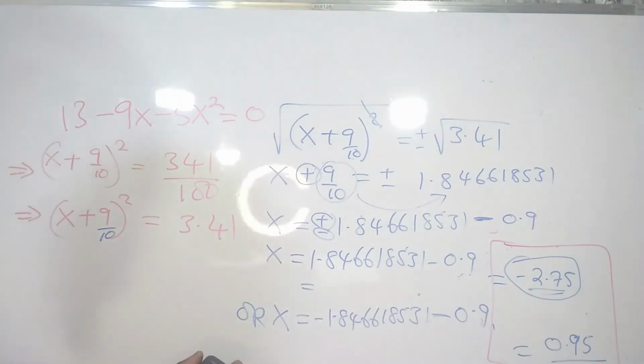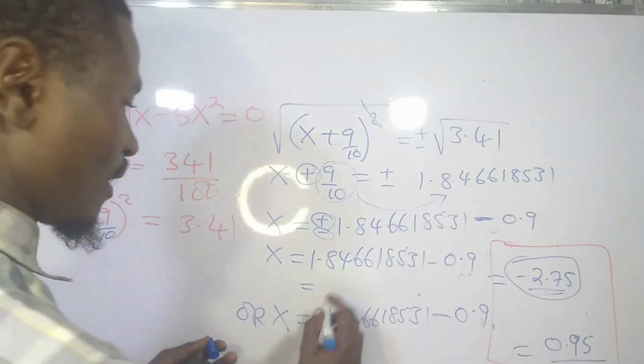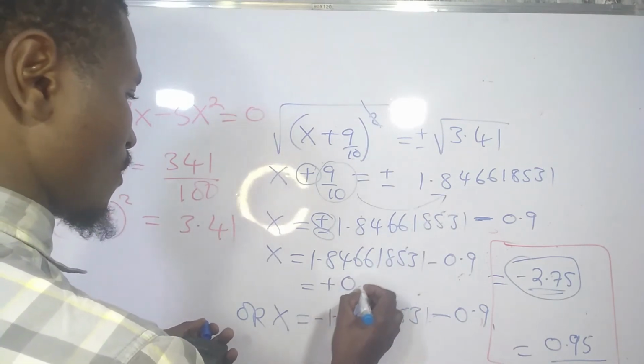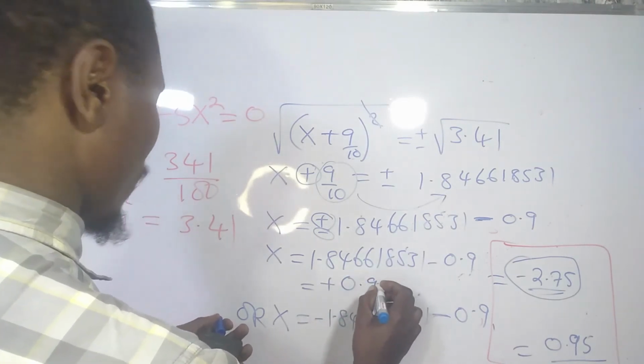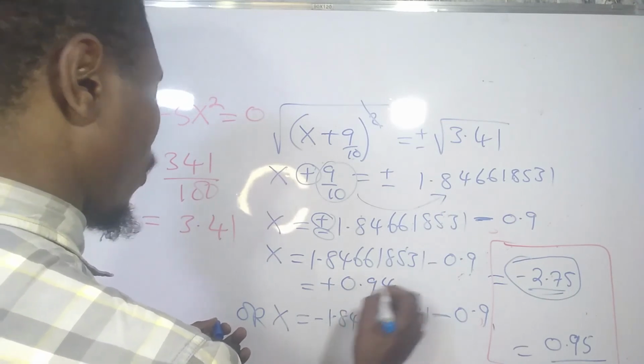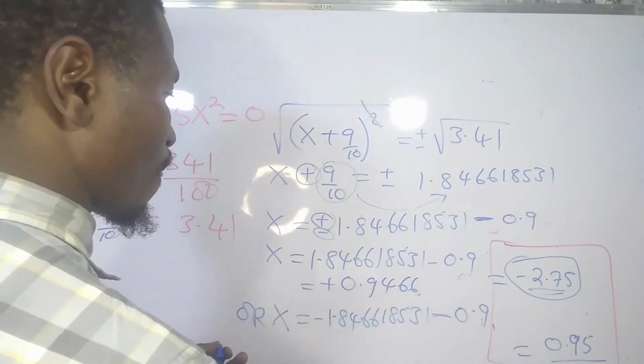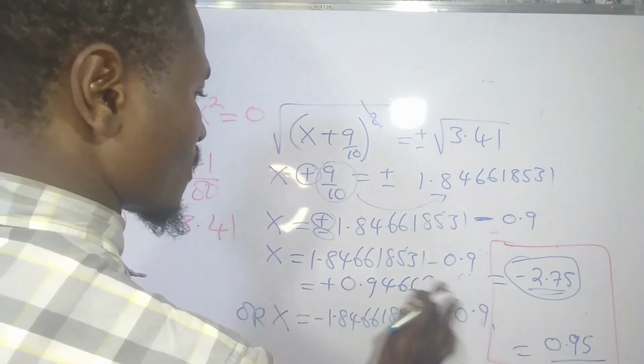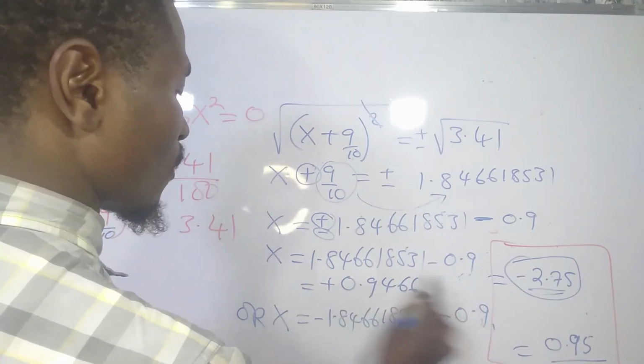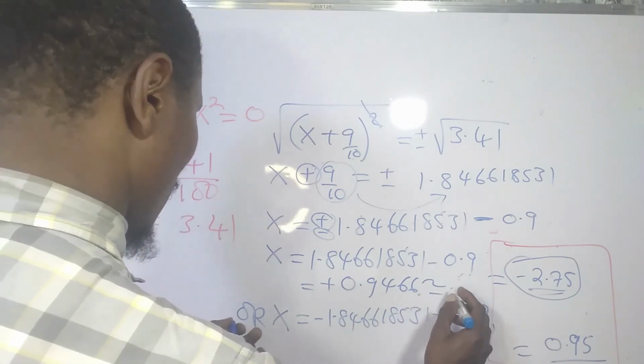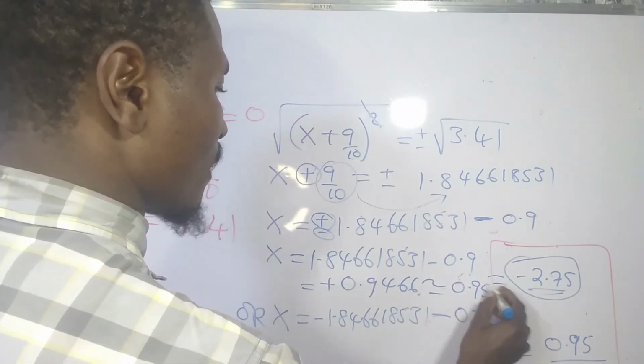What you're going to get is 1.84661851 minus 0.9. So the answer you get is a positive 0.9466, which, correct to 2 decimal places, is just 0.95.